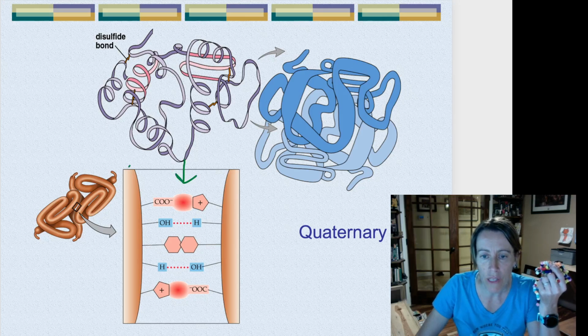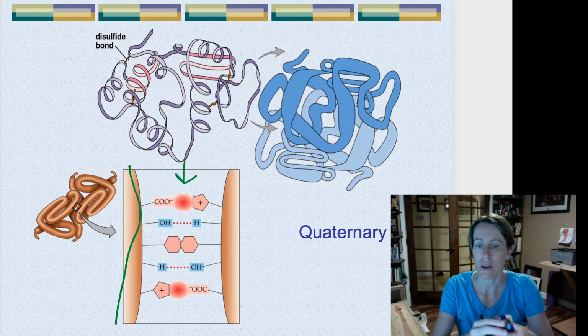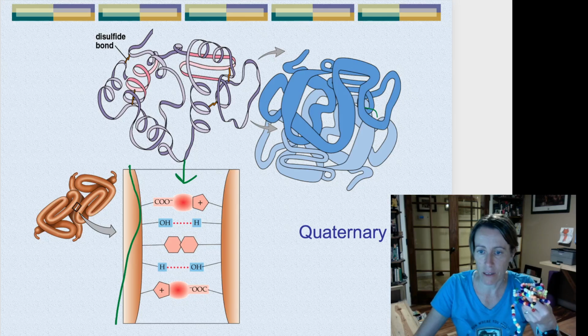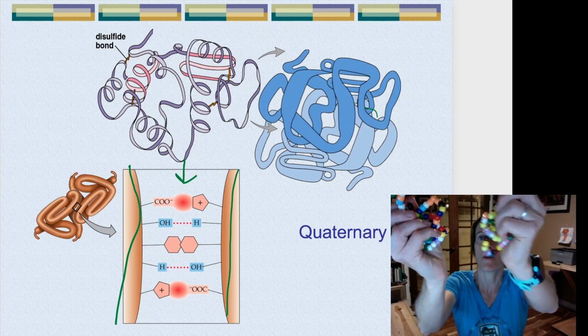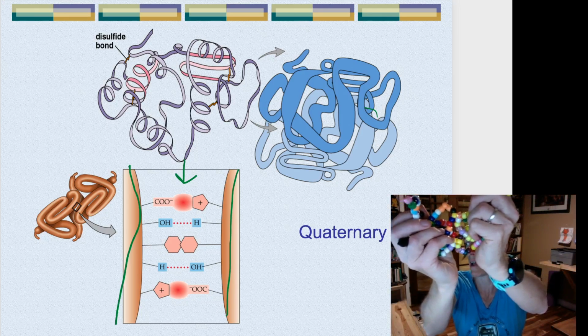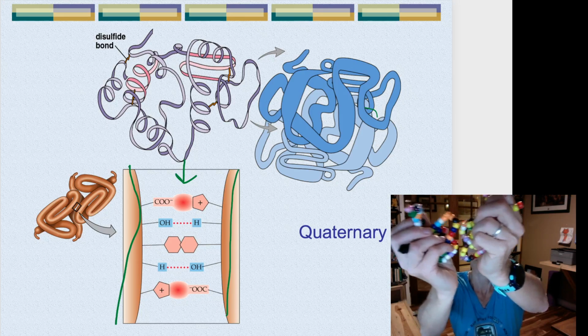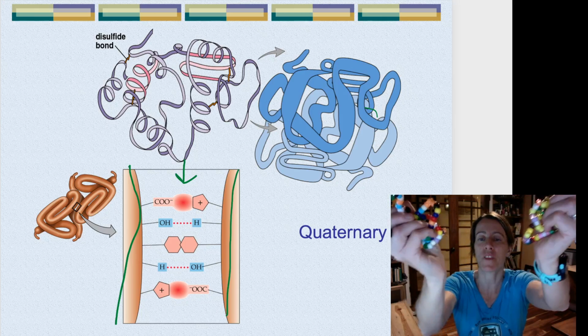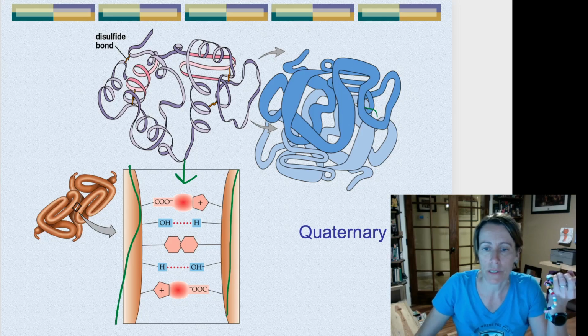On the left is the protein on the left, and on the right is the protein on the right. And when they come together like this, you can see how the beads from the two sides are starting to touch each other. What really touches is not the beads, but the R groups that are sticking out from the beads.